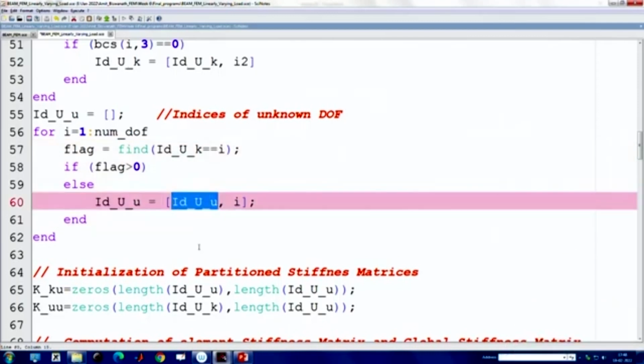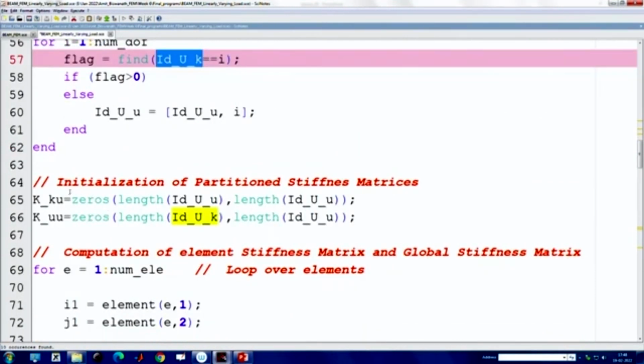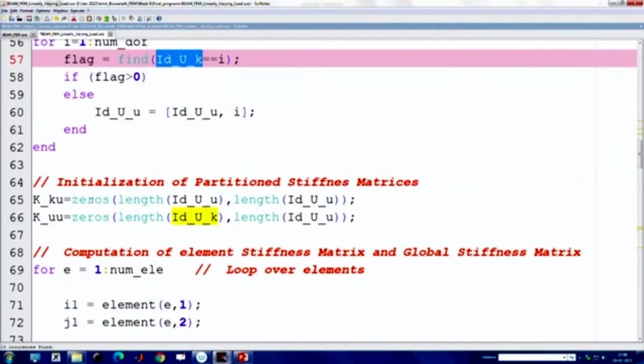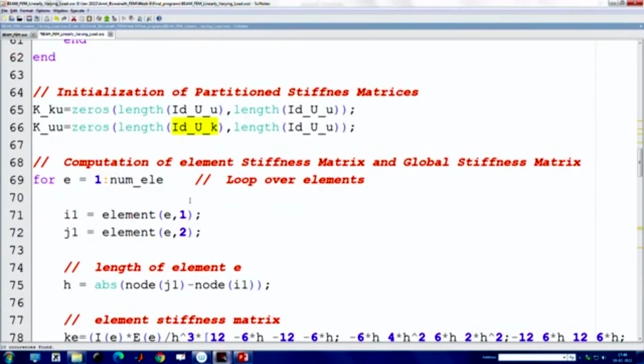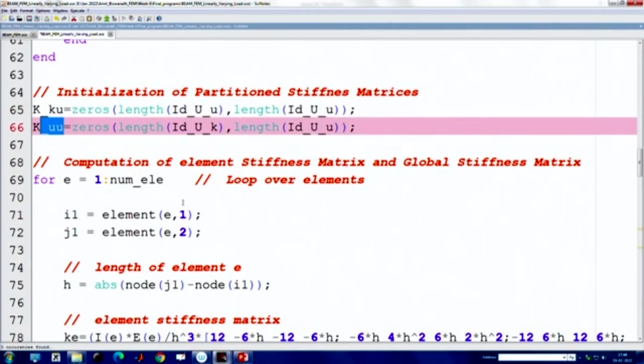IDU will give you all the indices of the points which are unknown, meaning they do not have any constraint, and IDUK will give you the indices of the points where the degrees of freedom are known, meaning constraints are provided at those points. Now this is the initialization of the partitioned sub matrices. We have to find those condensed equations which we can solve.